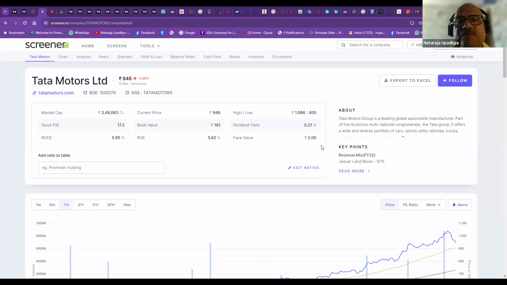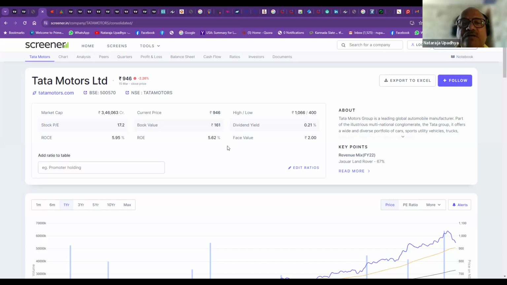This face value becomes important as a baseline for the stock. Typically, the stocks start with a face value of 10. But when they split a stock, the face value gets divided. For example, this Tata Motors might have started with a face value of 10. Now it is 2. If they split again, it will become 1 rupee. Okay, right?